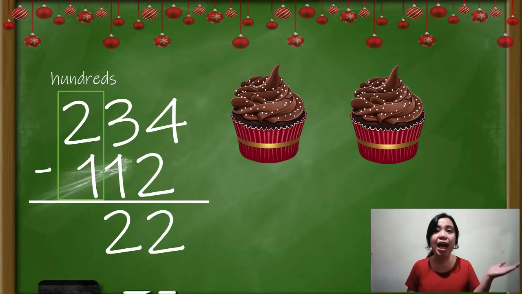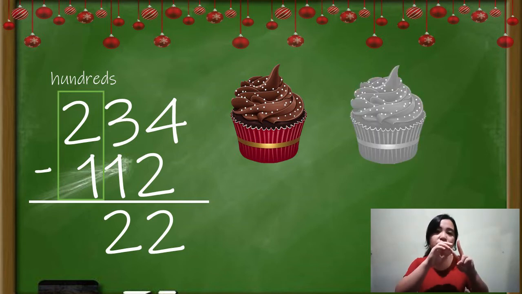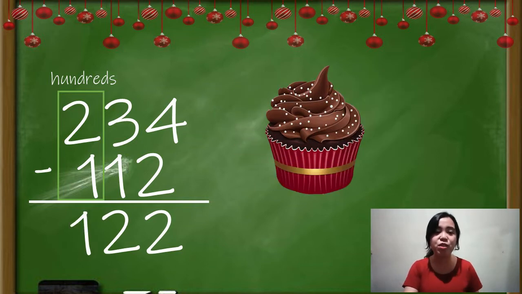Very good. Now let's proceed to what value? The hundreds value. So in the hundreds value, we have 2 and 1. So if I have 2 cupcakes and I have to take away 1 cupcake, how many cupcakes are left? 1 cupcake. So therefore, 2 minus 1 is equal to 1. Very good.